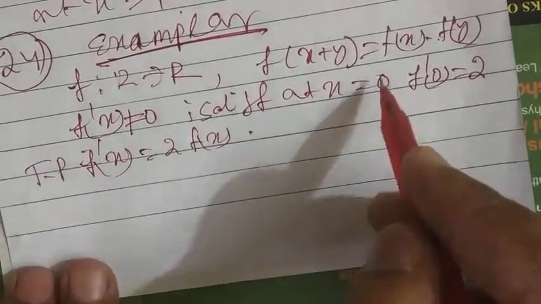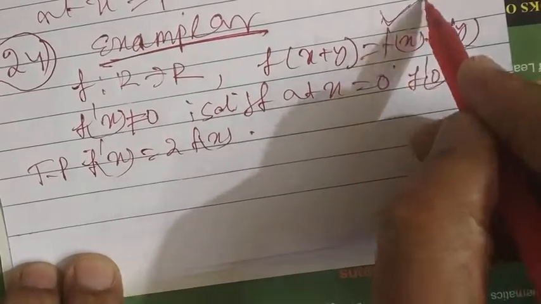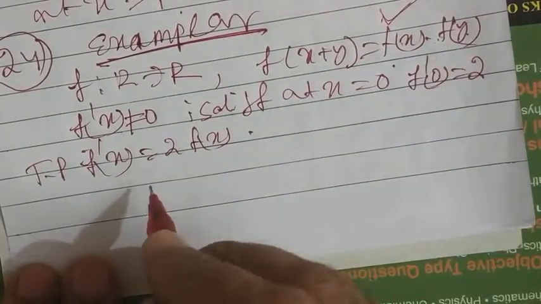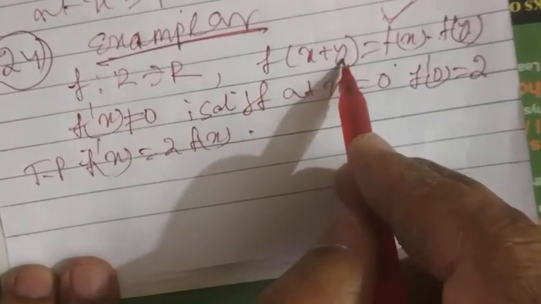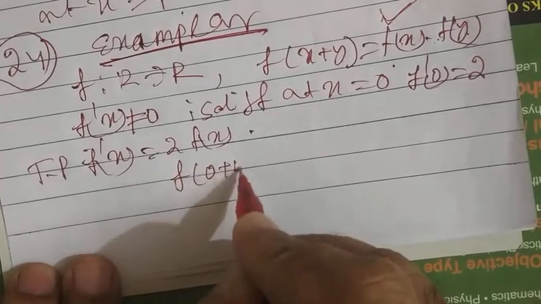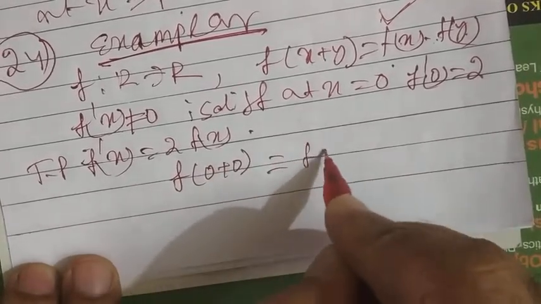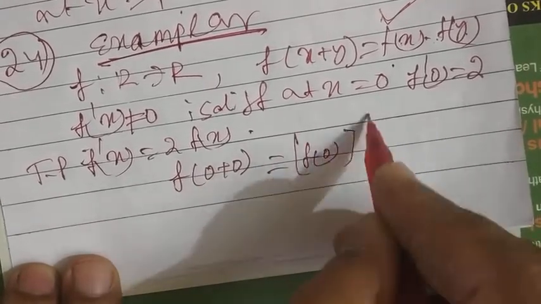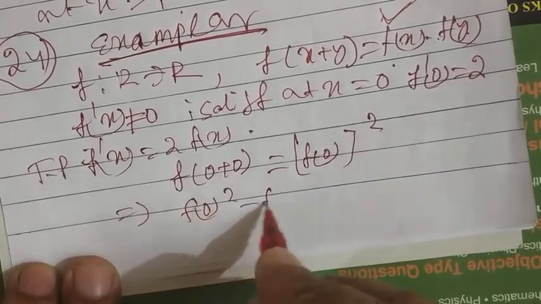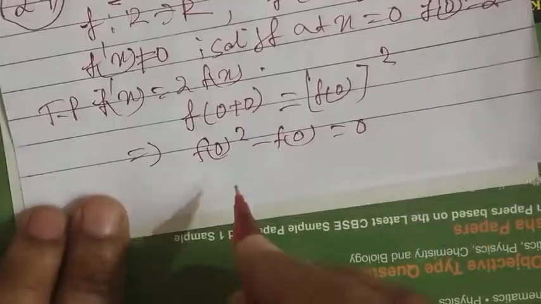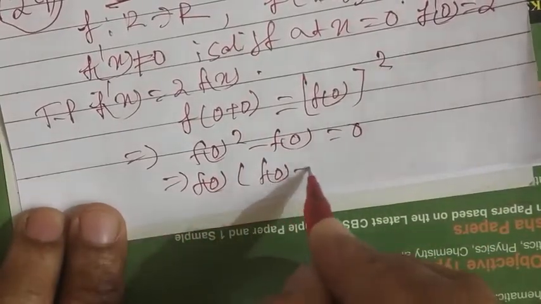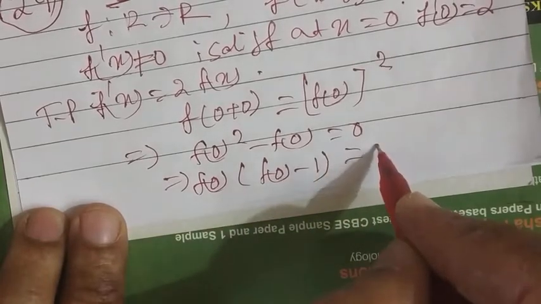Okay, so from the given thing, f of x plus y is fx into fy. Now replace x and y by 0. So what we are getting? F of 0 plus 0 equal to f0 square. So f0 square minus f0 is 0. So f0 common, f0 minus 1 is 0.